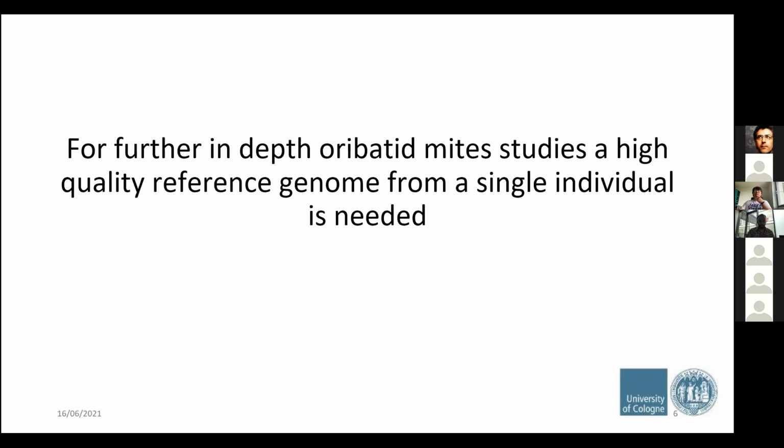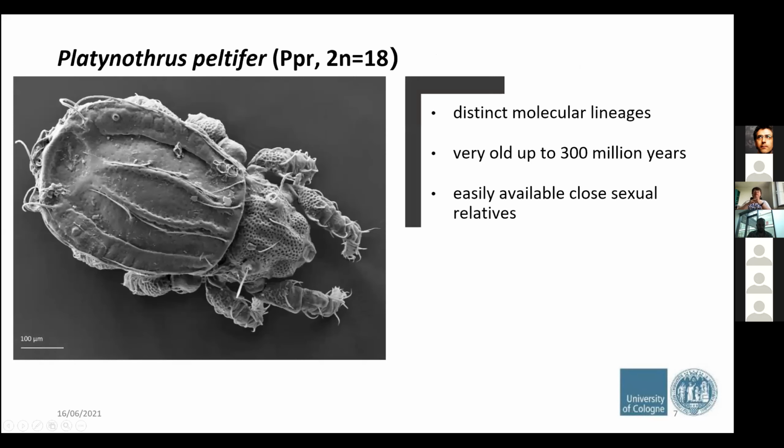So the lack of a high-quality phased genome from a single individual becomes a bottleneck for our study. For the future study, we take a closer look at Platynothrus peltifer.